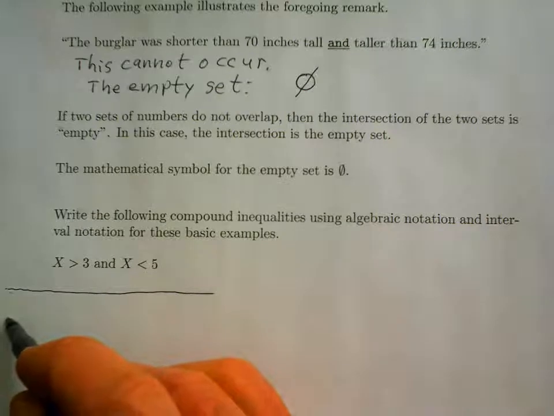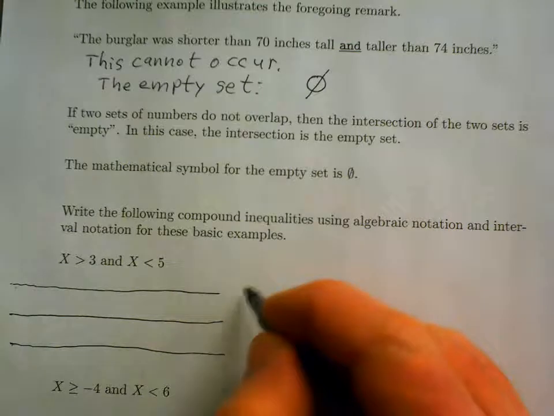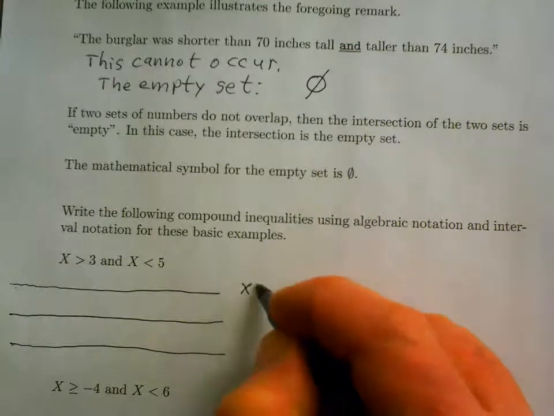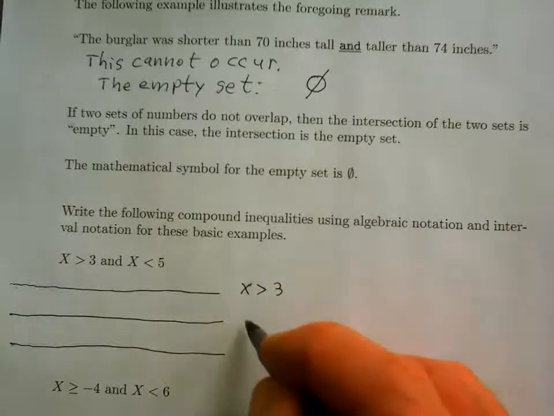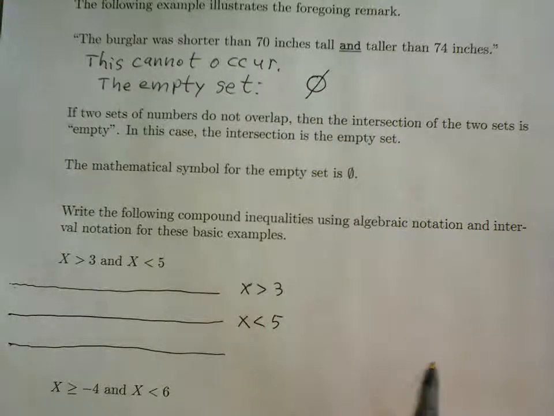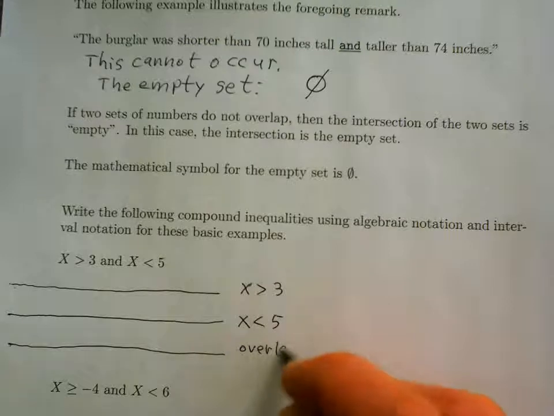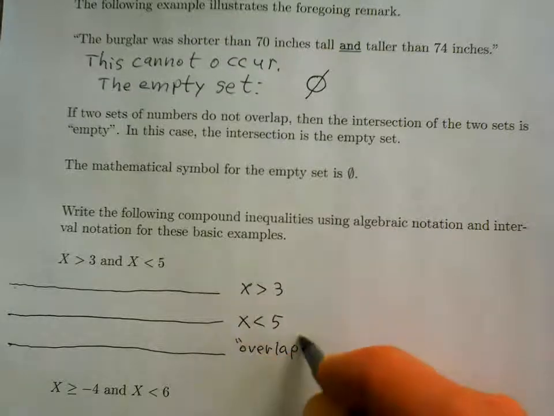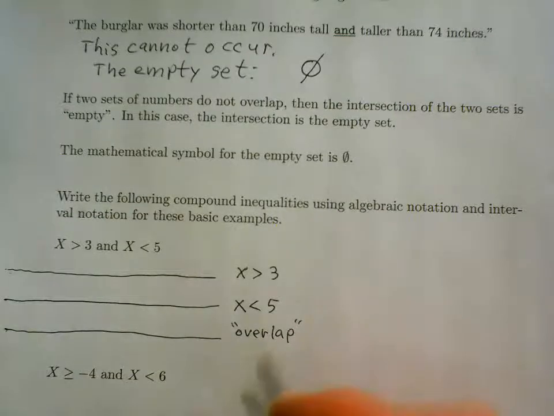For a graphical illustration, I'll use 3 number lines. For the top one, I'll graph x is greater than 3. For the bottom one, I'll graph x is less than 5. And then on the bottom one, we'll graph the overlap. The overlap is the informal way to describe the intersection.